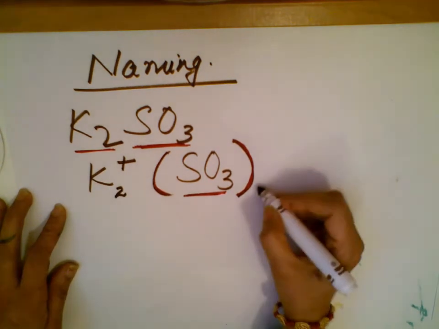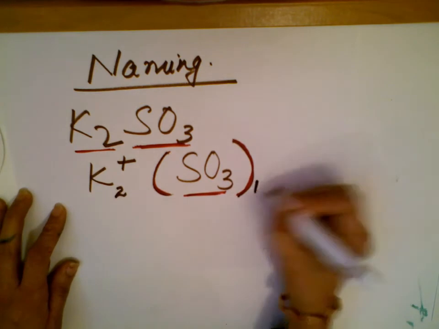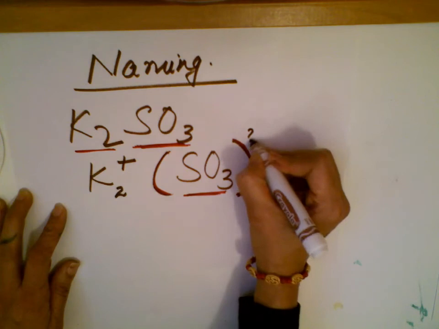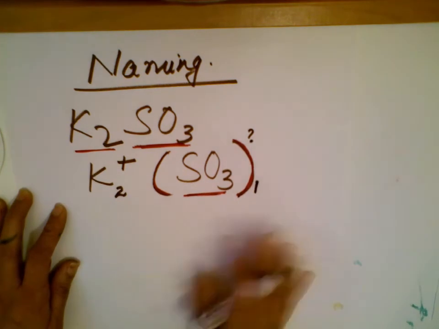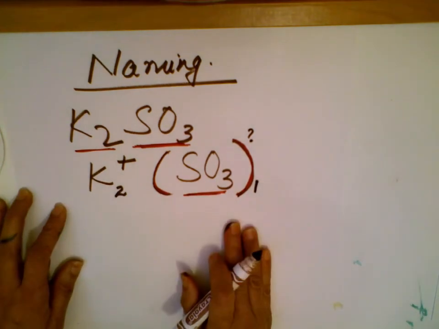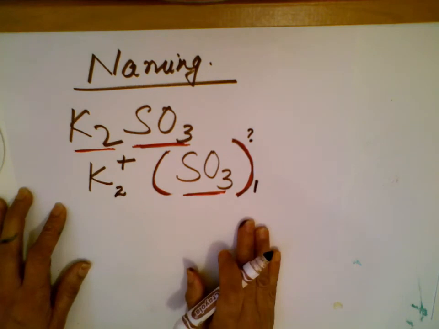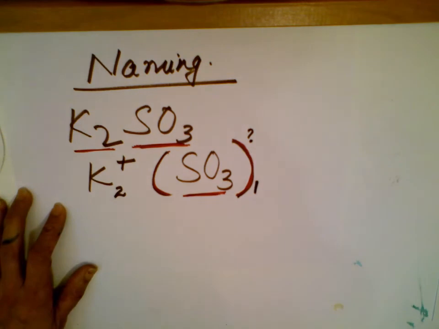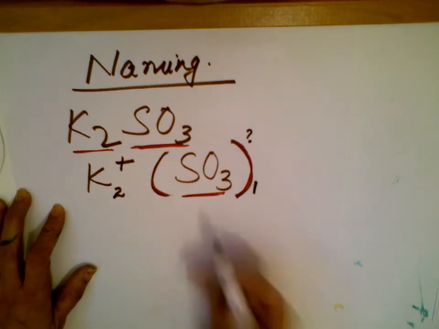You don't see any subscript here, so that means 1. And this one is plus. What is this? This is the one you have to figure out. Okay, we also worked on finding the electroneutrality, how to make sure that the overall charge is 0. We had practiced when we were working on binary compounds. So you can go back and check there as well.